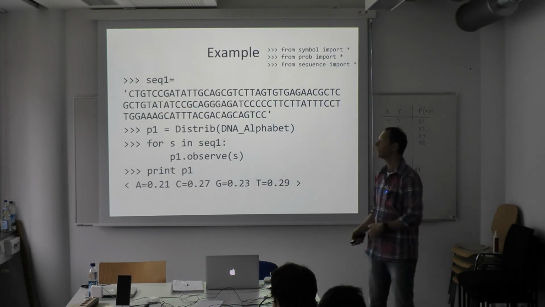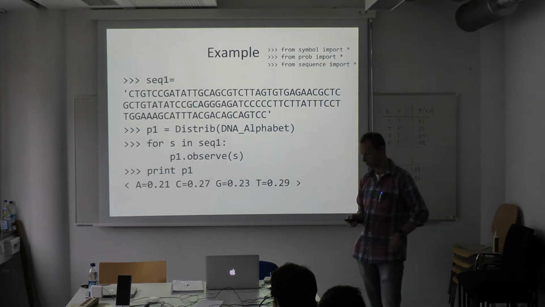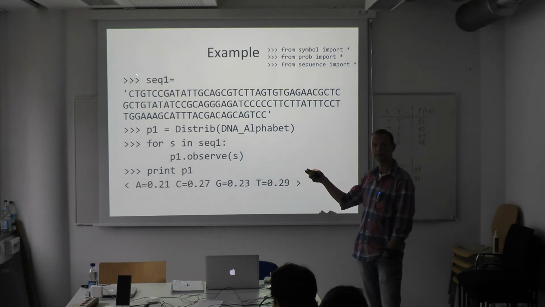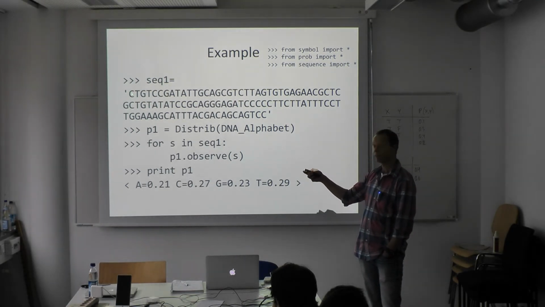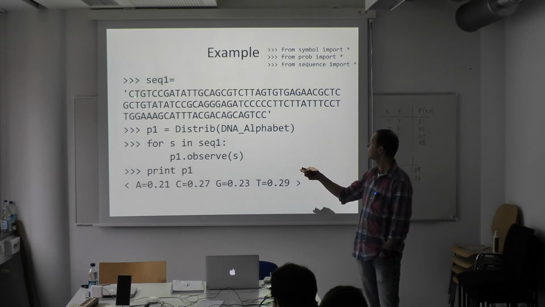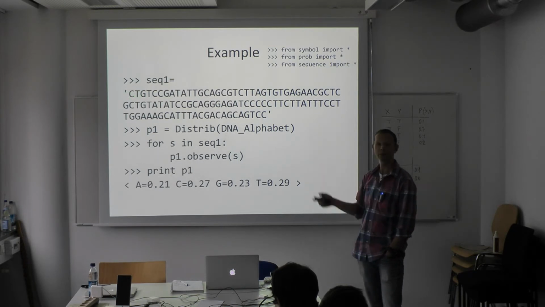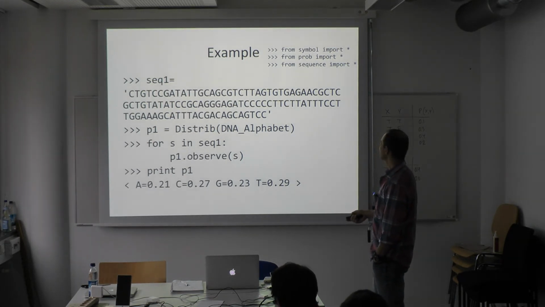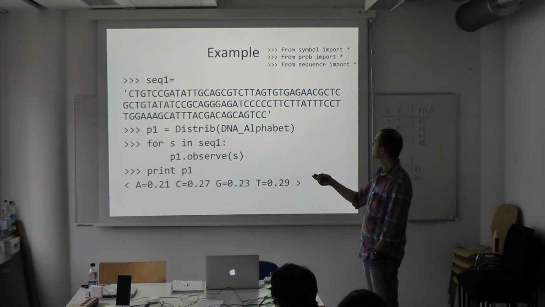So let's look at how this could turn out. This is our sequence, training data, and it starts with a C, ends with a C, and then lots of other letters in between. I think it is about 100 symbols long, but I'm not quite sure.